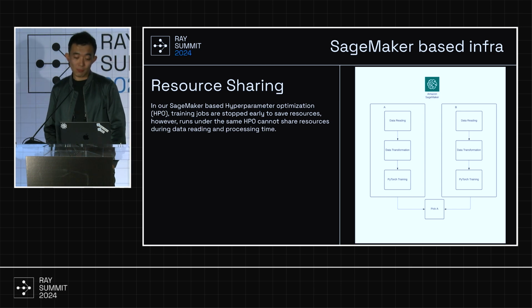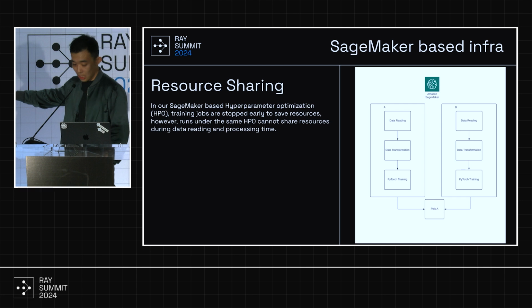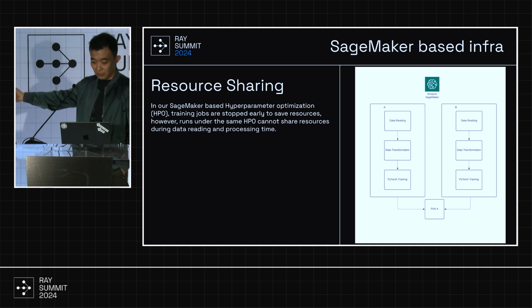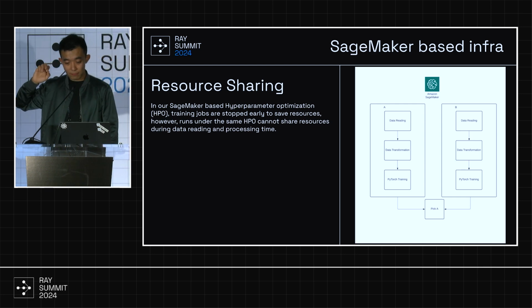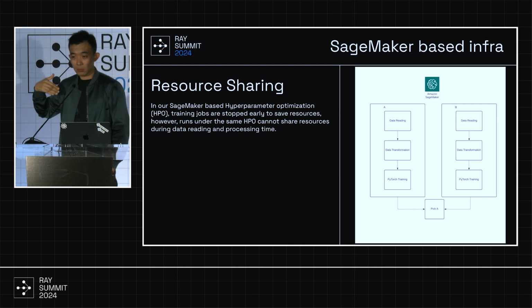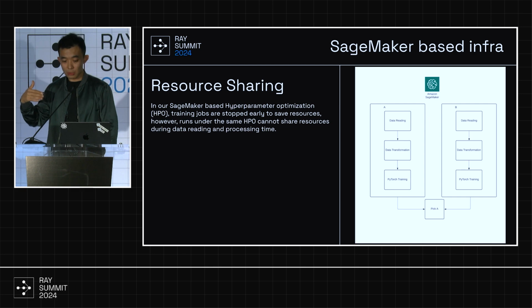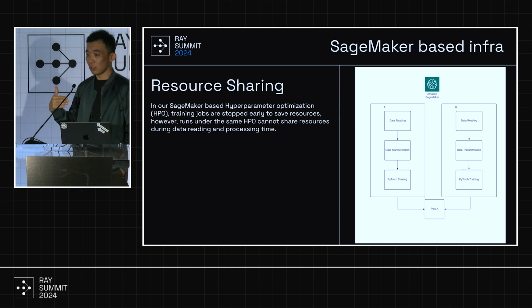We talk more about this hyperparameter optimization thing when we're talking resource sharing. If you see the graph on the right side, that's how SageMaker or a typical machine learning workflow does HPO. You read the data first, then do whatever transformation you want, and then trigger a PyTorch or XGBoost training.